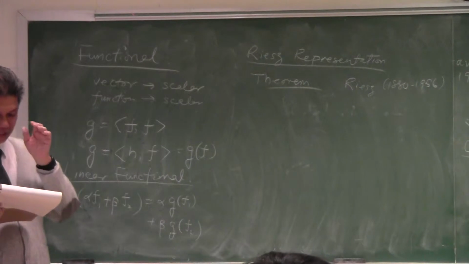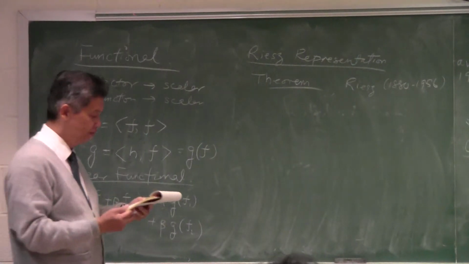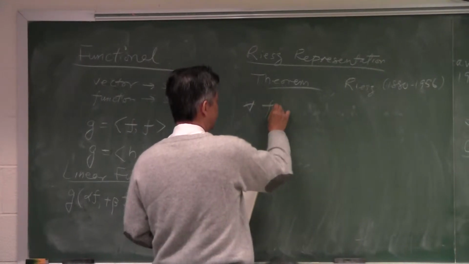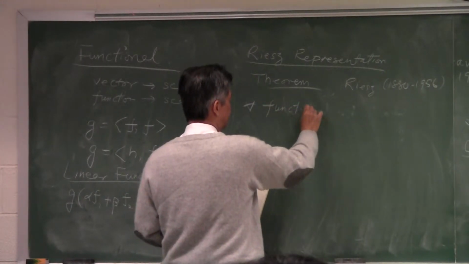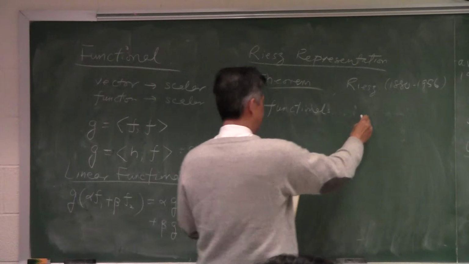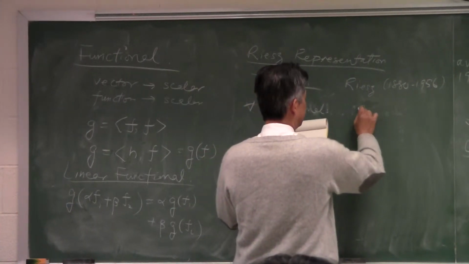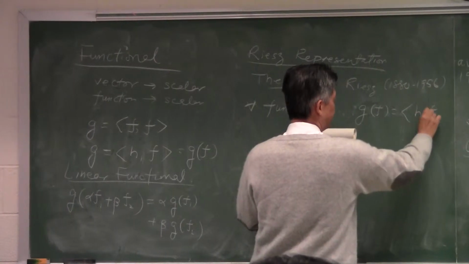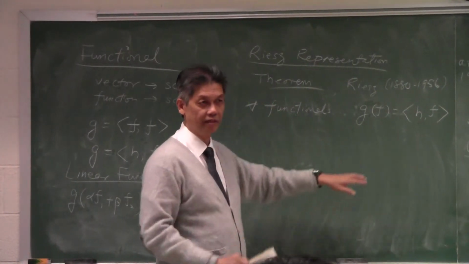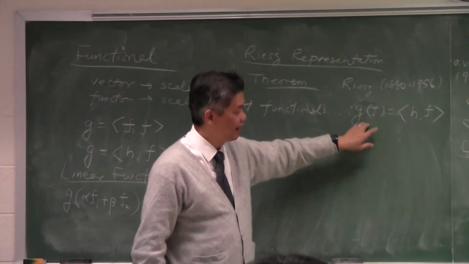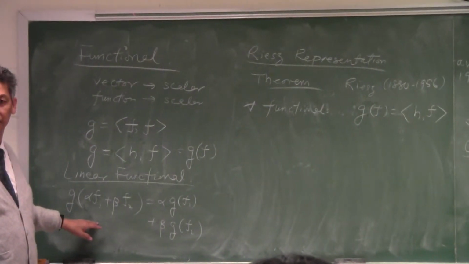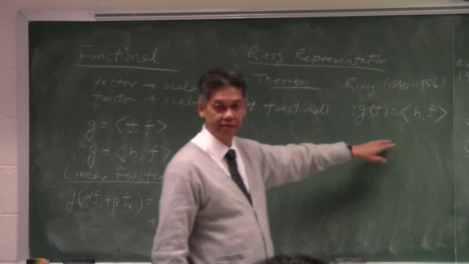And what he says is that all linear functionals can be written in this manner. If G is a linear functional, it can be written as the inner product of H and F. You can see that this property is easily satisfied because of the linearity of inner products.